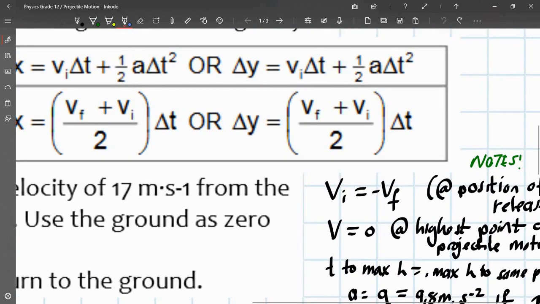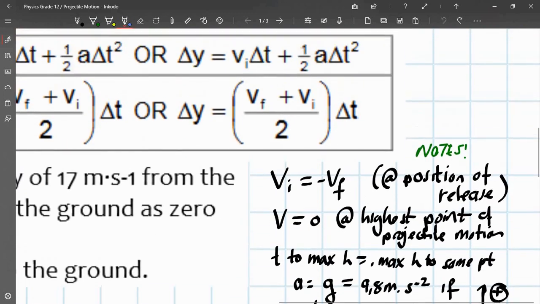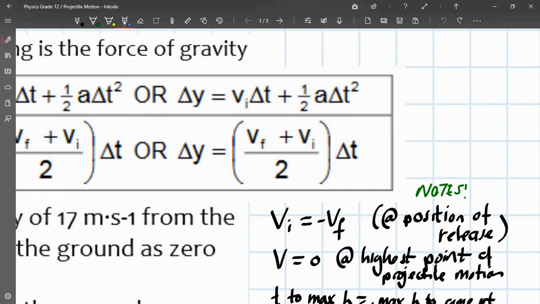Just some notes before we do the question, and just a reminder. The initial velocity is equal to minus the final velocity, for a projectile. So for example, if you're throwing a ball from here, and the initial velocity is 6 meters per second, it goes up all the way here, then it stops here.